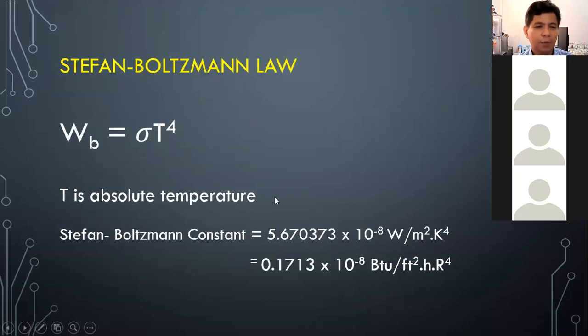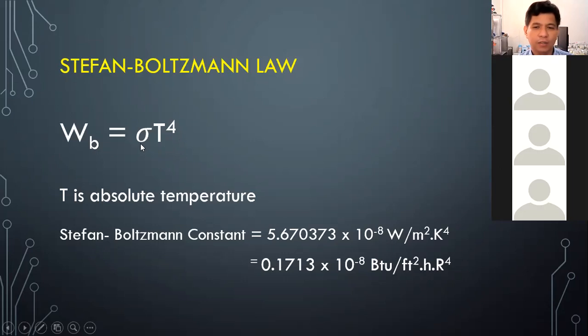Okay? And then this is the most important equation, no? Sa radiation. This is the Stefan-Boltzmann law. So sabi ng Stefan-Boltzmann law, the emissive power of a black body is equals to sigma times T to the fourth.